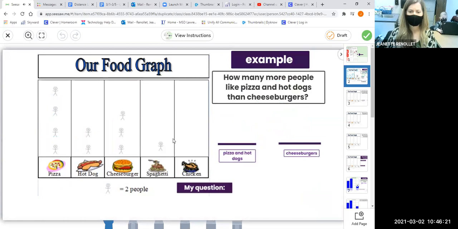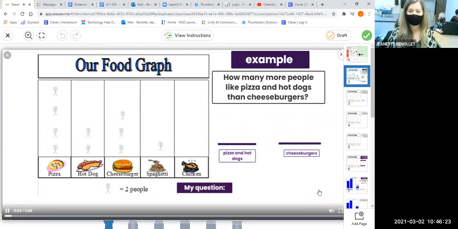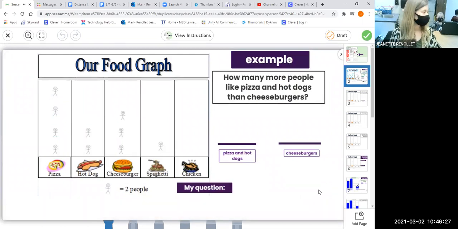This is an example of a picture graph or a pictograph. We're going to do this example together as we analyze the data and solve a problem about the graph. Our question says, how many more people like pizza and hot dogs than cheeseburgers?